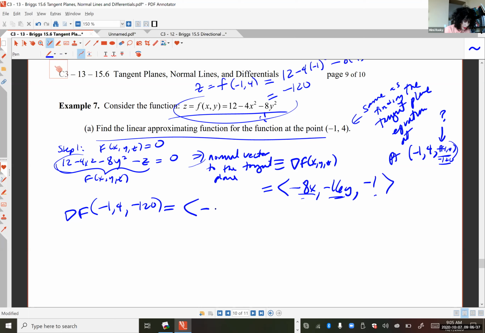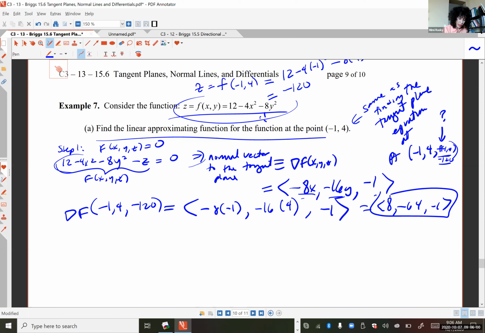And so if I do the correct substituting here, -8 times x, and then the next component is -16 times the y, and then -120. Excuse me, I can't plug that in. It's just -1. And then let's see. So this gradient ends up being +8, -64, -1. So there's your normal vector to the tangent plane right here.